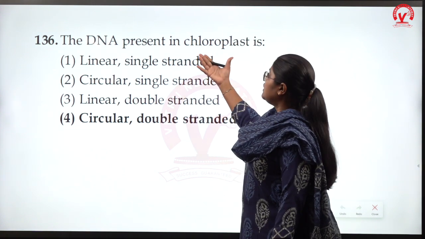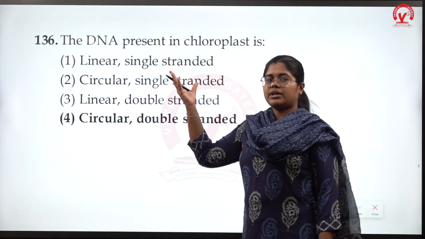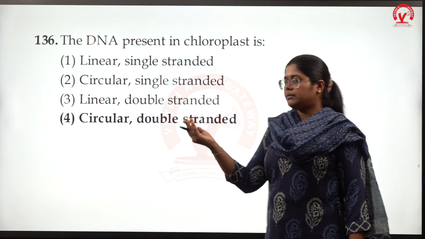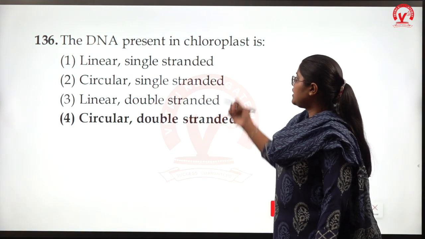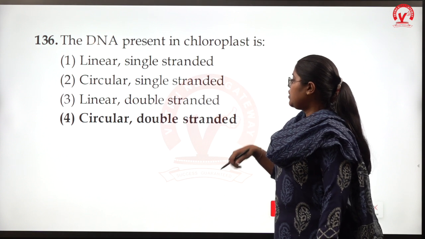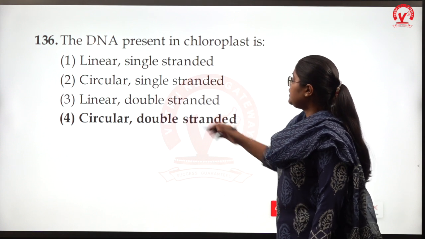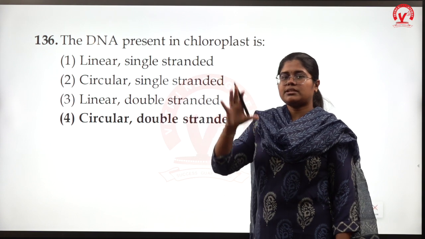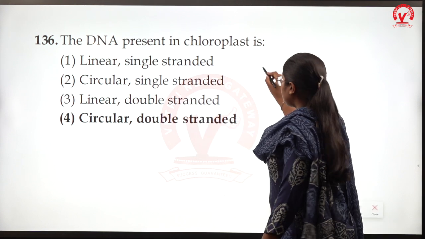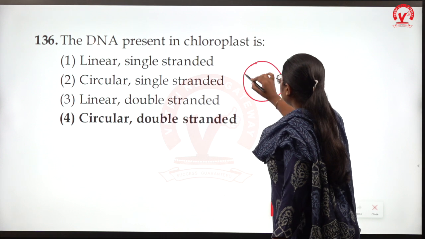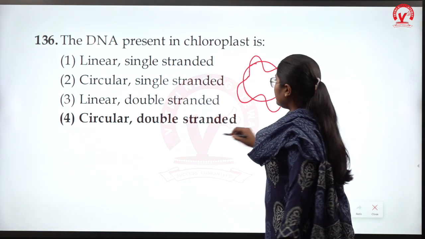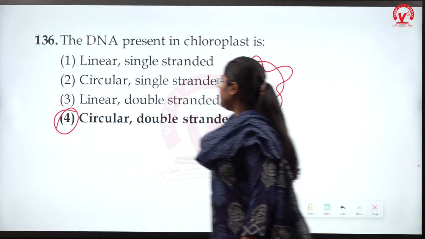Why do we call it semi-autonomous? Because they have their own protein synthesizing machinery and their own DNA, they are called semi-autonomous organelles. So they asked how the DNA present in it will be. They resemble the plasmid of bacterial cell. So the DNA in bacterial cells is circular double stranded DNA. So option 4 is correct.